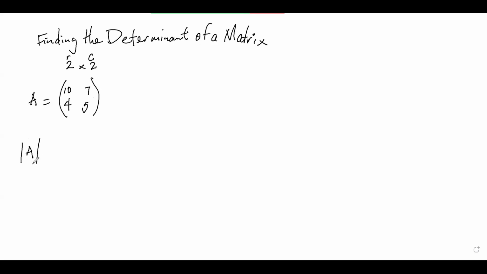So how do we find the determinant? Now, the determinant is found by multiplying this diagonal first. Now, the name of this diagonal is called, and I'm just going to put it here, the leading diagonal.